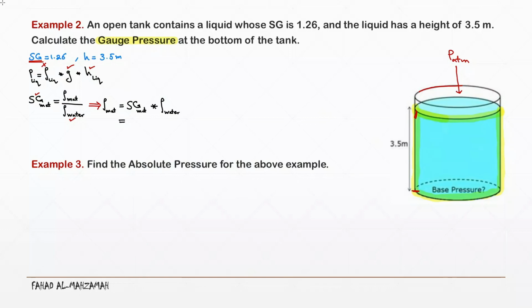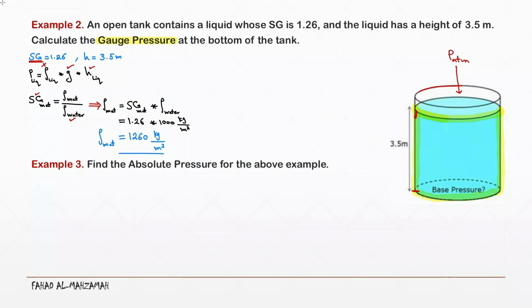Here we have 1.26, no units, multiplied by 1000 kilogram per cubic meter. So the answer is simply, the rho of the liquid or of the material is equal to 1260 kilogram per cubic meter.